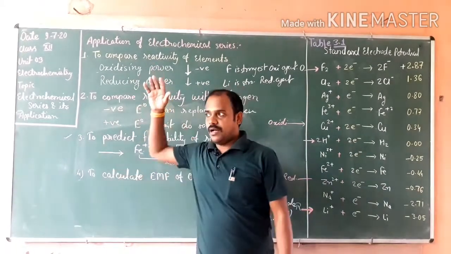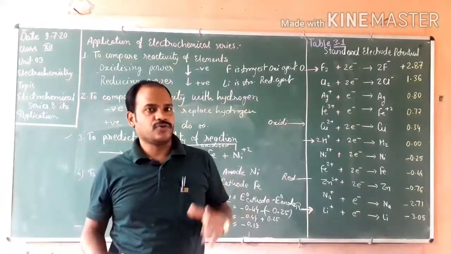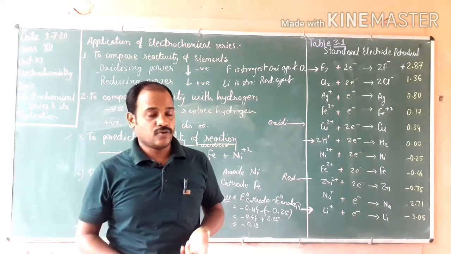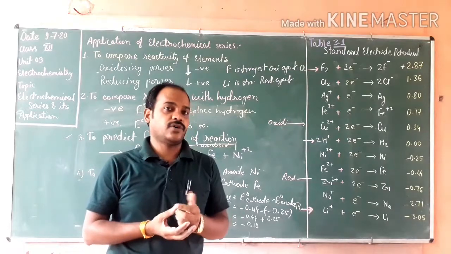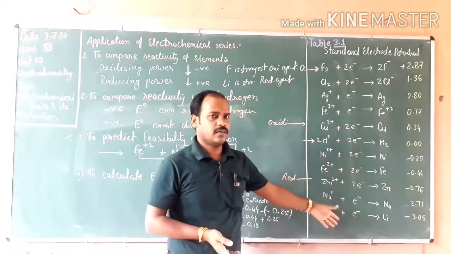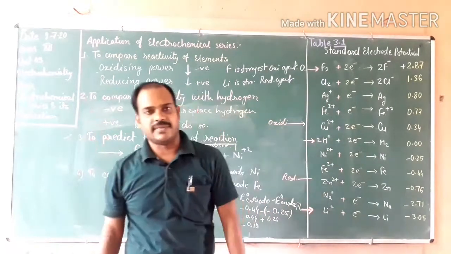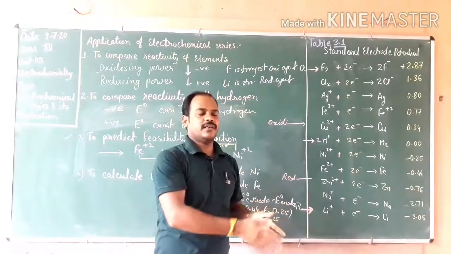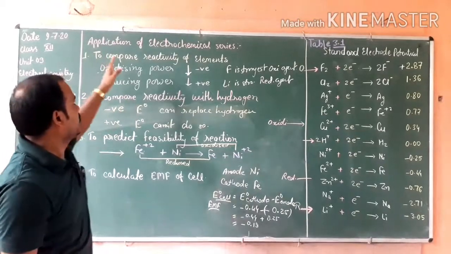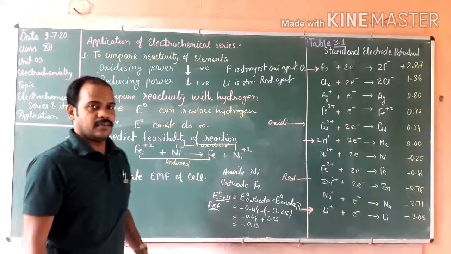In sacrificial protection we use metals which are more reactive than iron. How can we compare the reactivity of elements? From electrode potential. Less electrode potential, more reactivity. More electrode potential, less reactivity. So these are the applications of standard electrode potentials and electrochemical series.